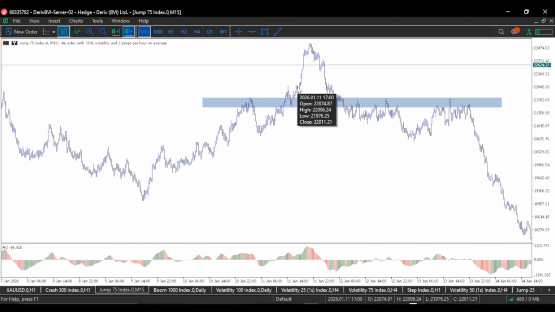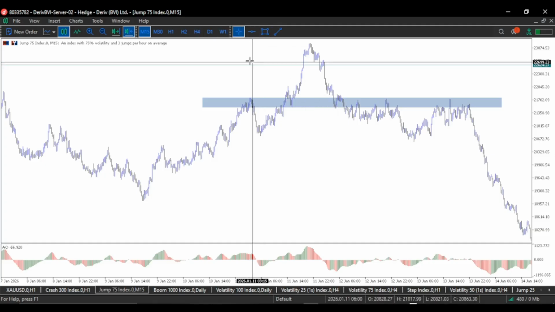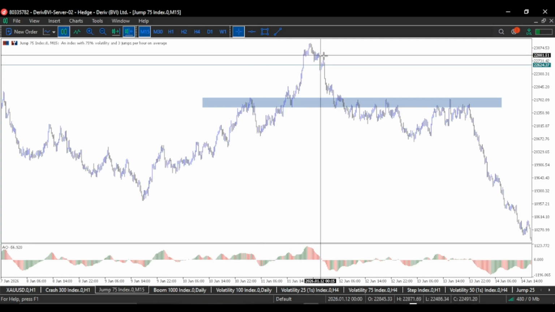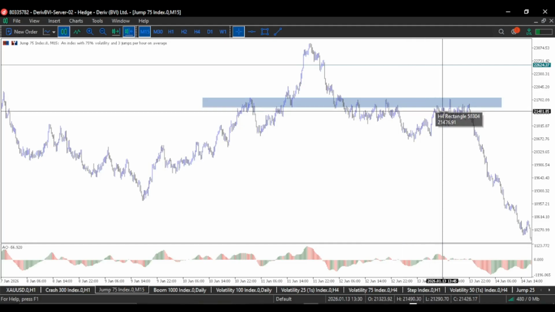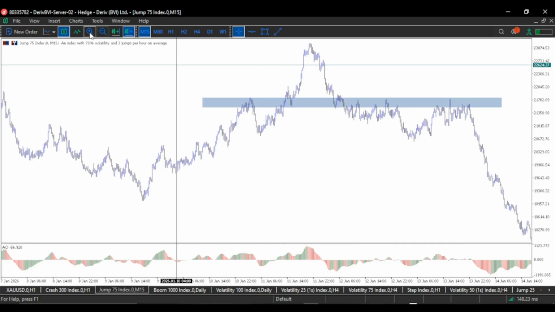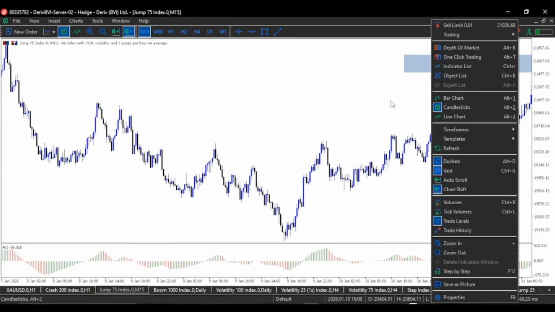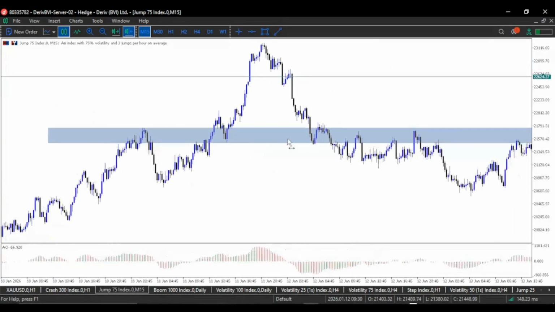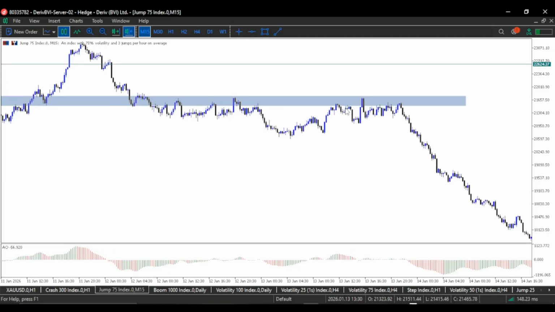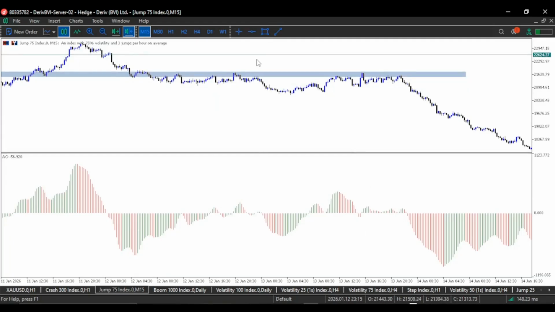So let's see if we can find divergence over here. It's not clear, but at this particular level, I don't know if this can work. Yes, you can see that even here, in this particular level, where the market was approaching this level over here, the awesome oscillator was doing the opposite.